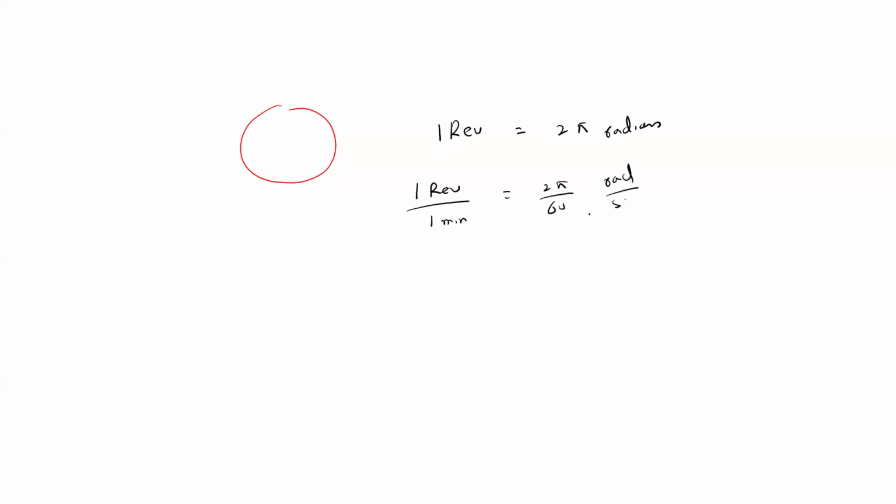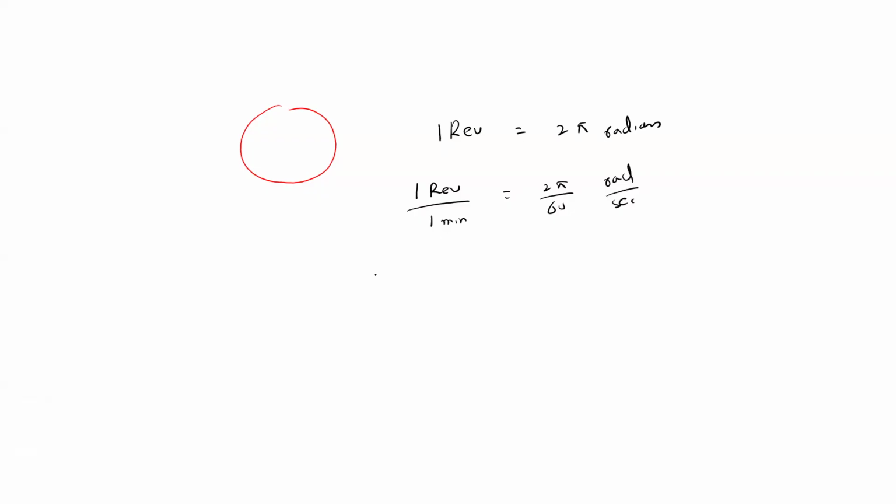Okay, here it is like a circle. From this circle, we can say one revolution is equal to 2 pi radians, right? So if I divide by 1 minute, there will be 60 seconds.